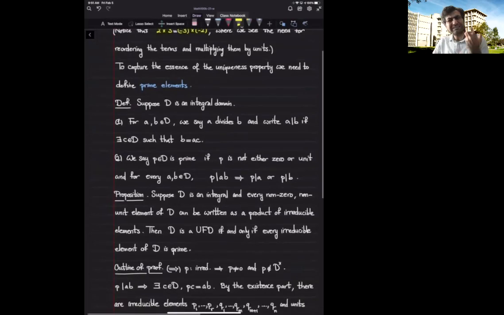Okay, now in order to understand and capture the essence of uniqueness, we need to define what a prime element is. This goes back essentially to Euclid's lemma for the ring of integers.